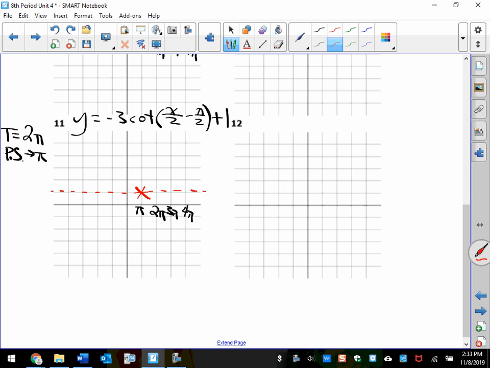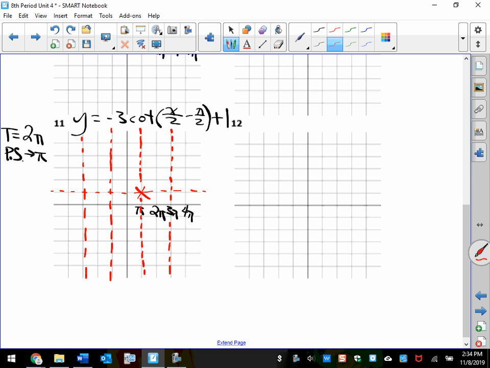Cotangent and cosecant have vertical asymptotes right through the center point, and then it alternates every other hash mark from there. So you can go ahead and put those down just like that. The way that I remember cotangent is it's right through the center point.